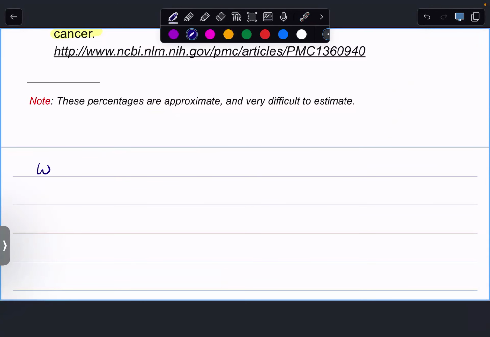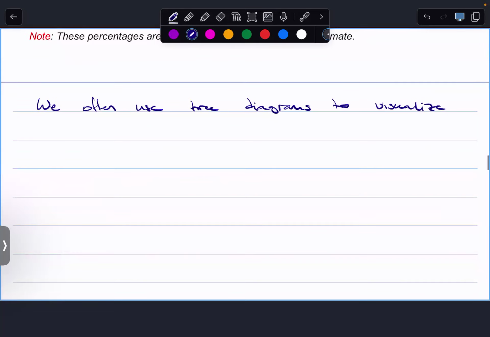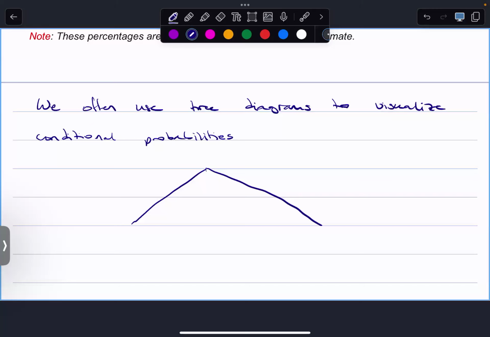And so we often use tree diagrams to visualize conditional probabilities. What they're going to look like generically is something like this.